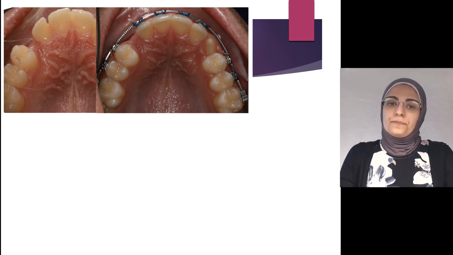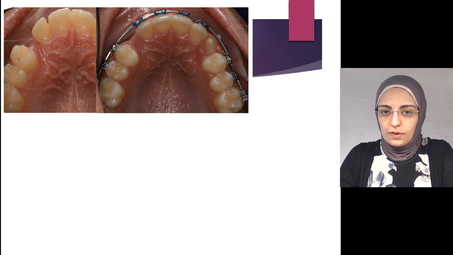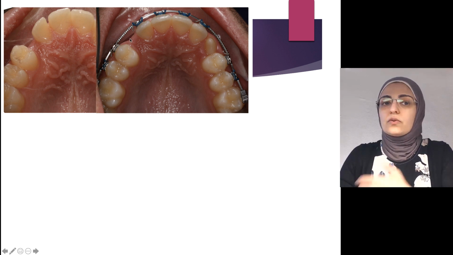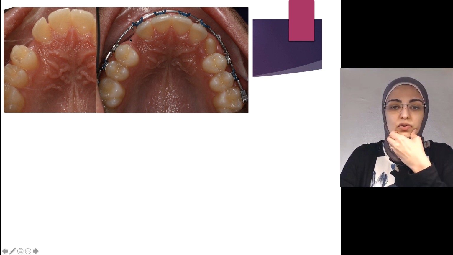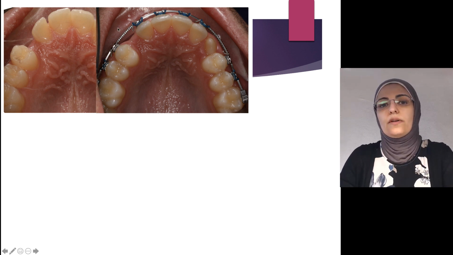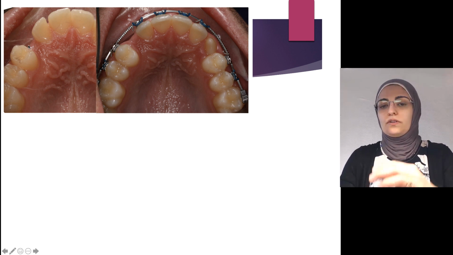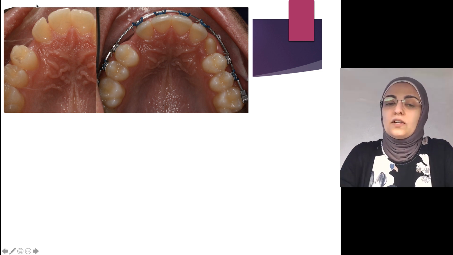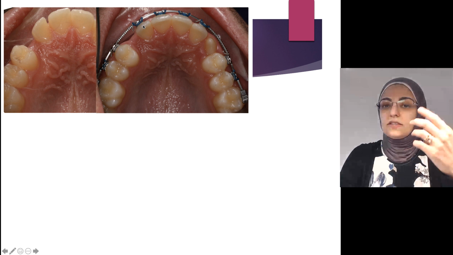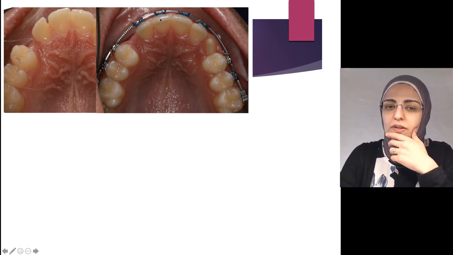The procedure usually from the ortho, so that you become familiar with what to expect when you send the patient to the ortho, is that the orthodontist will decide whether they will open up space or extract a tooth, based on the whole diagnosis and what is needed for the patient's face and space analysis and all of that. So in this case we decided that we can open up space.